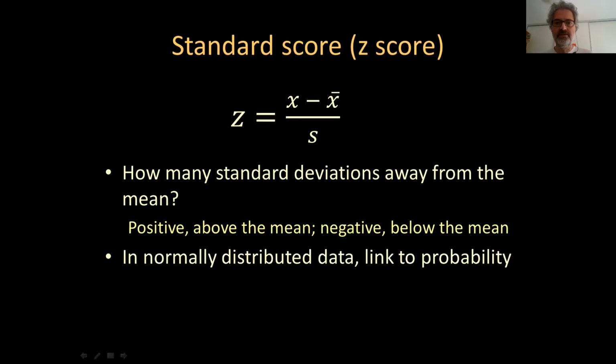The reason this is so useful is that if our data are approximately normally distributed or can be brought to be approximately normally distributed, then the number of standard deviations above or below the mean is directly linked to a probability because of the direct link of probabilities to positions in the normal distribution.